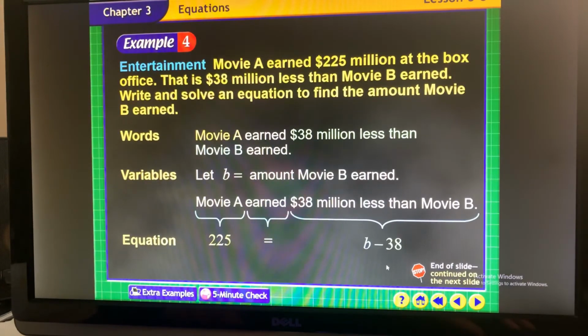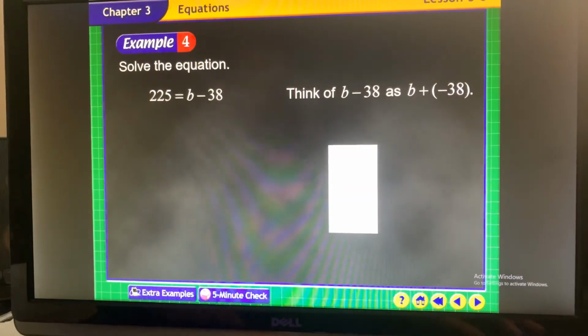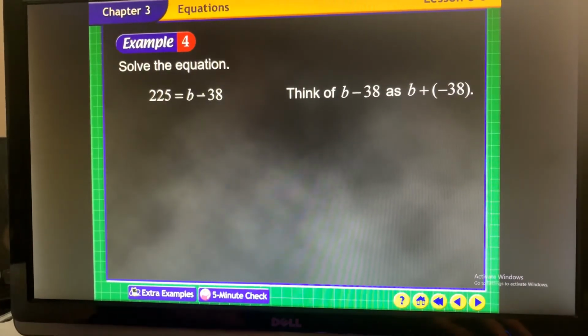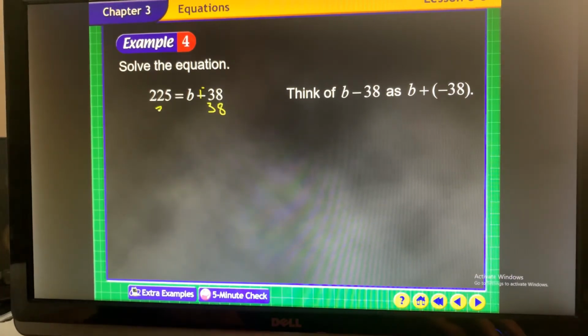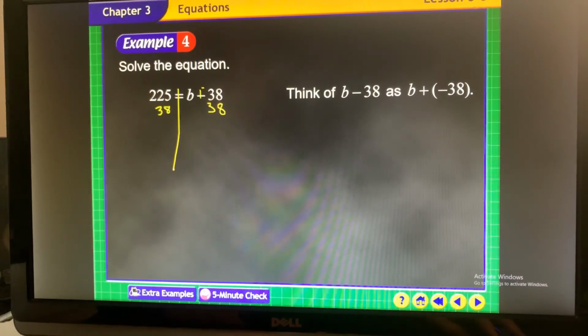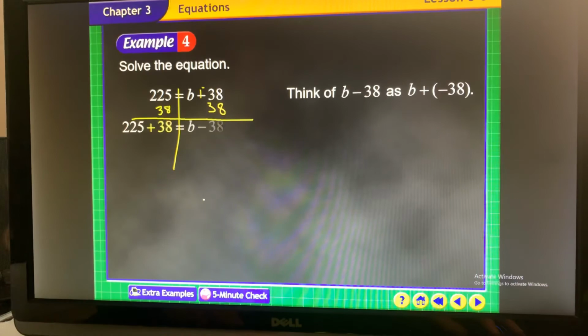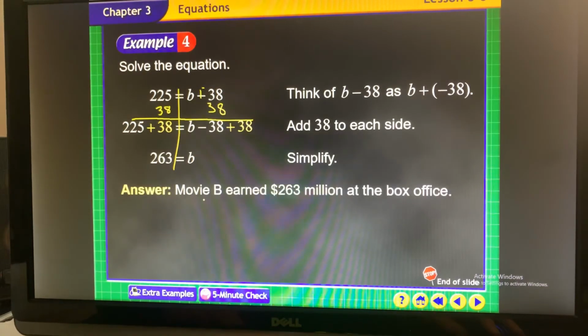So you're going to go ahead. Here's your equation. You're going to add a positive 38 to both sides. And then do your math and get 263 million.